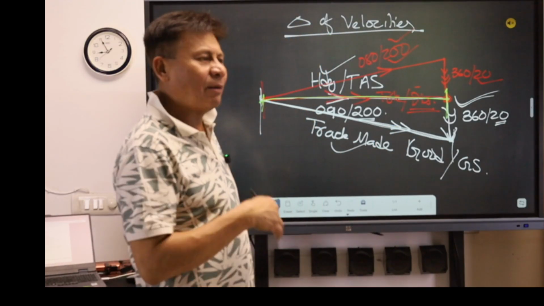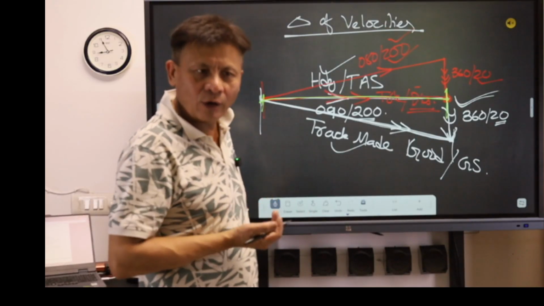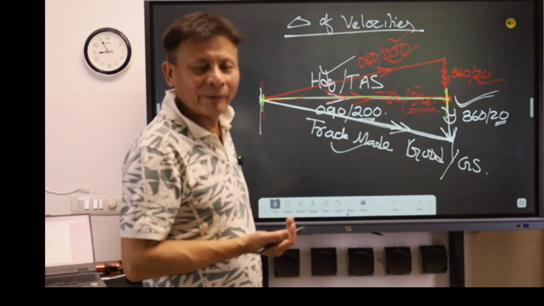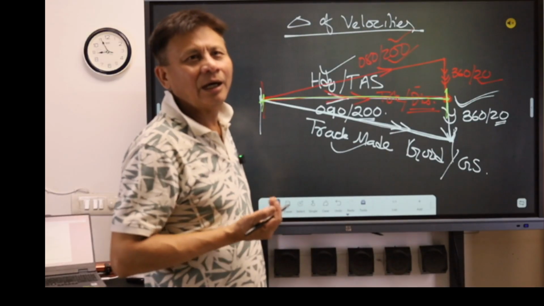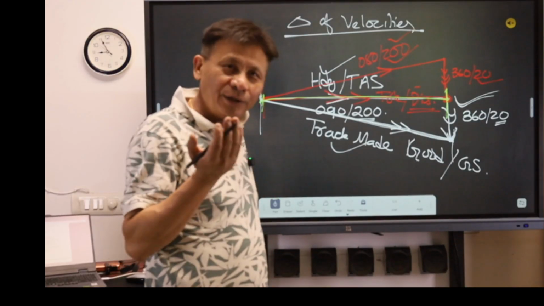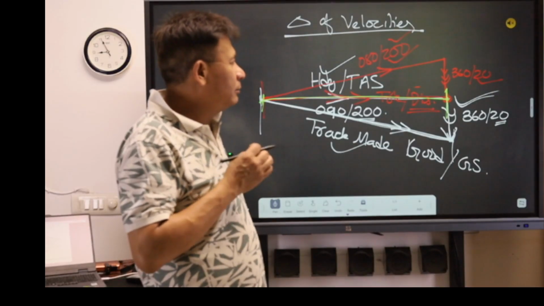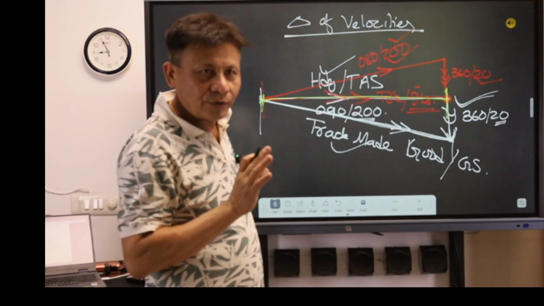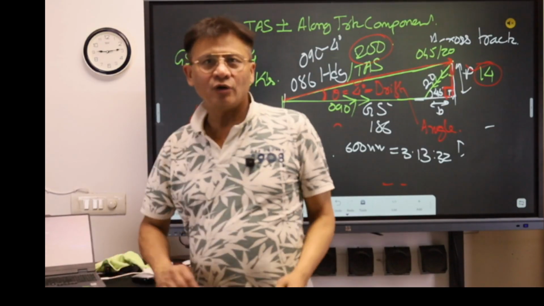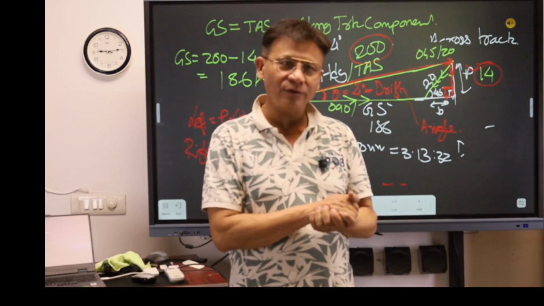So if you have a certain distance which is given, if your ground speed is let's say 200 knots, and if you have to travel 600 miles, then I know that I will take 3 hours to fly from place A to B. So that is the basic idea of knowing this triangle of velocities. So now this is the importance of your triangle of velocities.